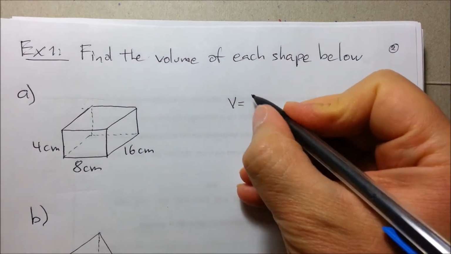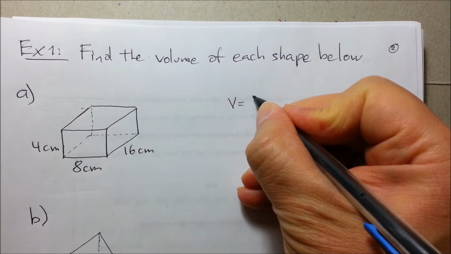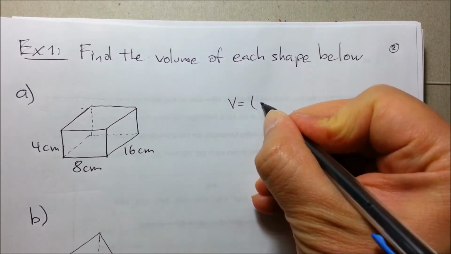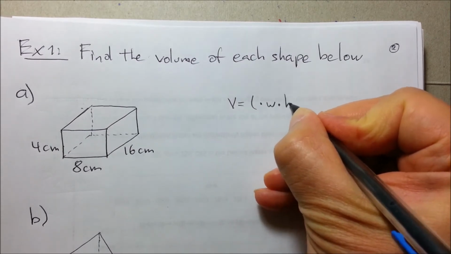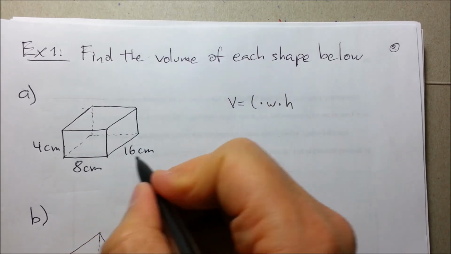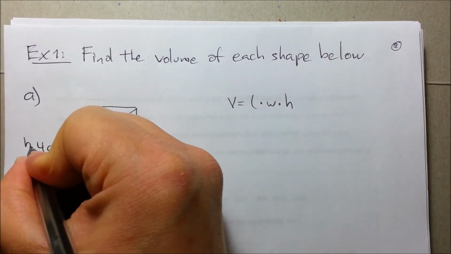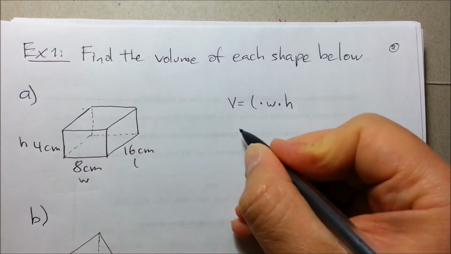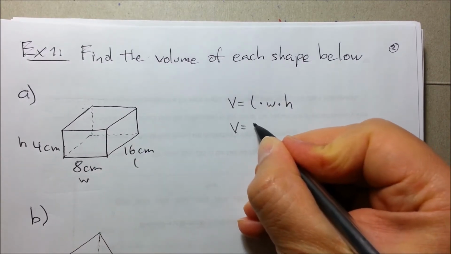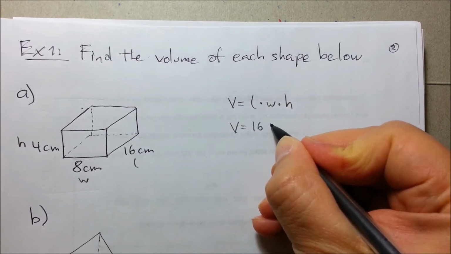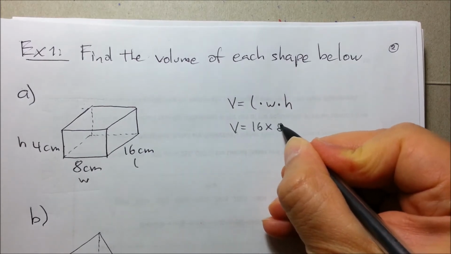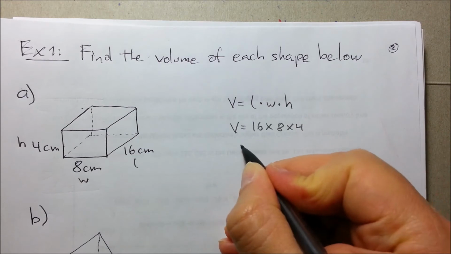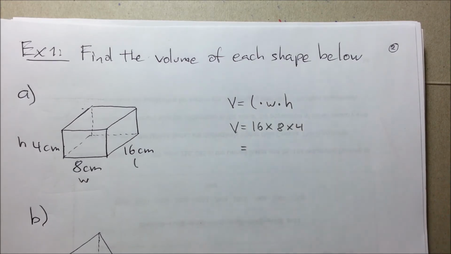But the volume of a rectangular prism is length times width times height. So we can label this as the height, this will be our width and this will be our length. And so we simply multiply all of these: 16 times 8 times 4. So what is this going to be equal to?